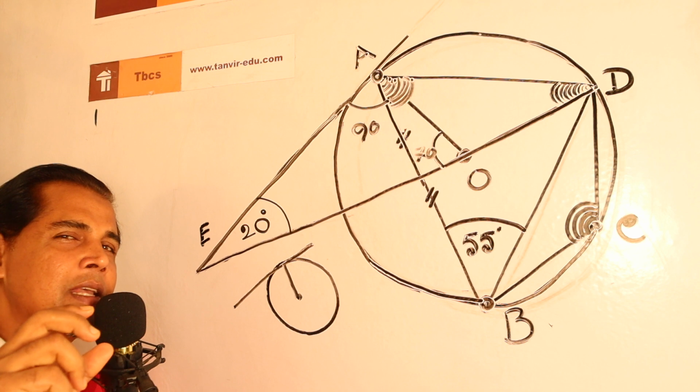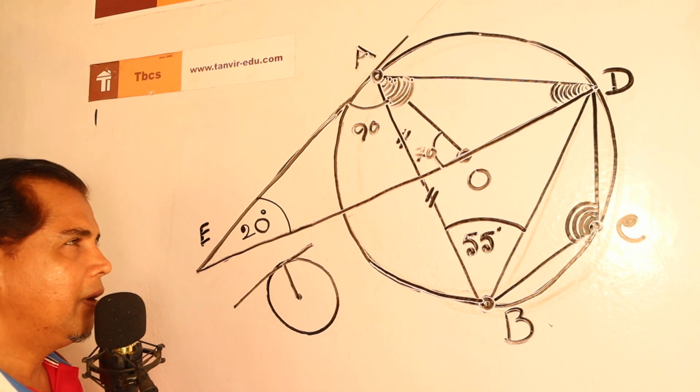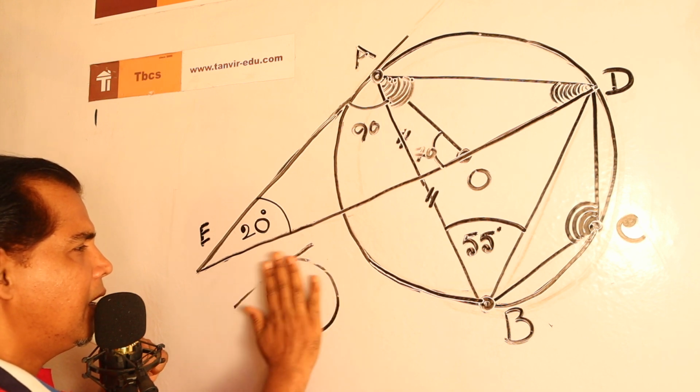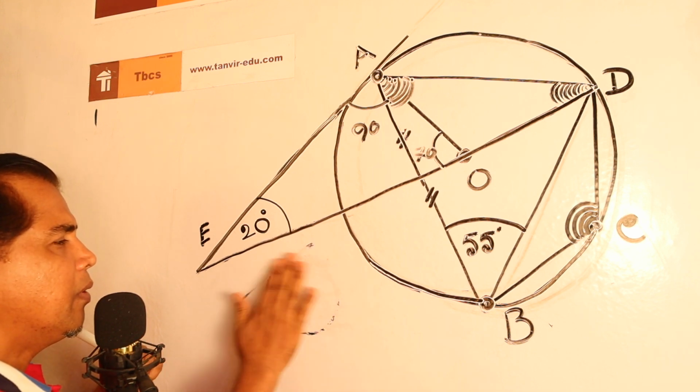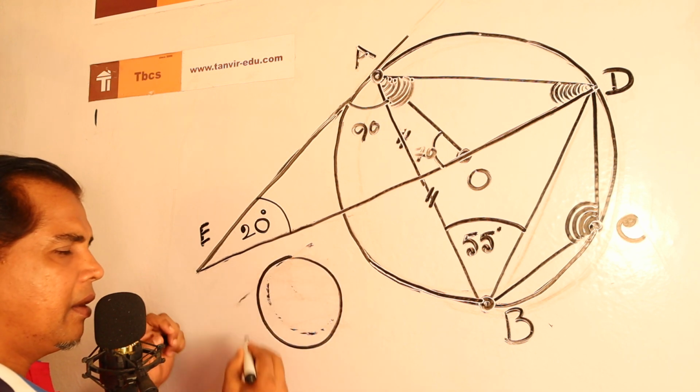Exactly, in the exam hall you should have a lot of formulas captured. The second phenomenon: this is a circle, right?